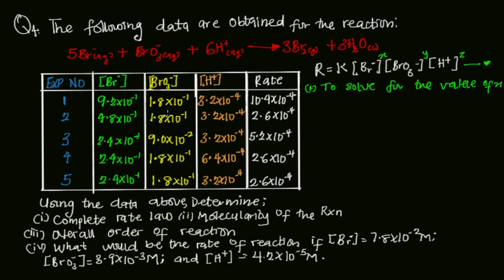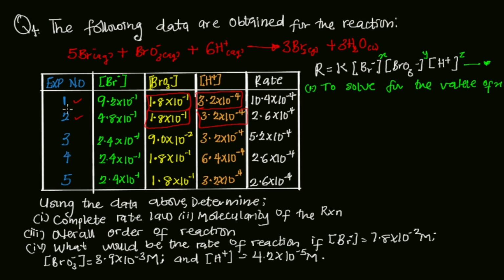So for experiment 1, this is 1.8, and in the case of hydrogen ion, it is 3.2. At the same time, it is also 3.2 for this case. That's why it is the same. At the same time, it is also the same for this as well. So I can go ahead and pick experiment 1 and experiment 2 in order for me to solve for what?